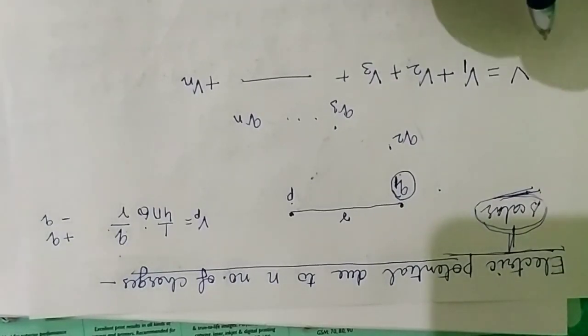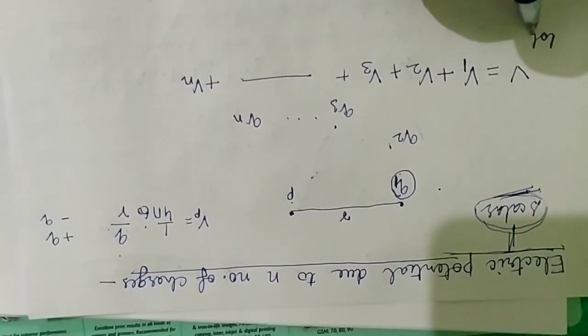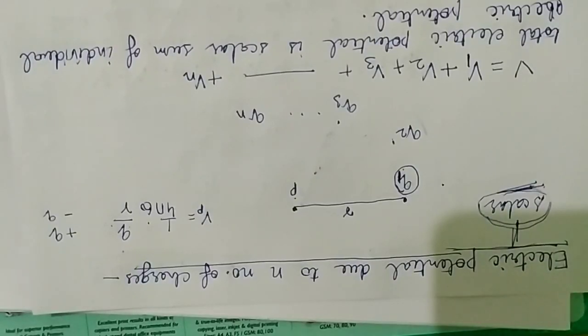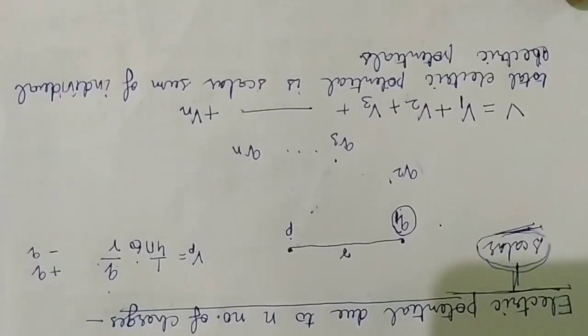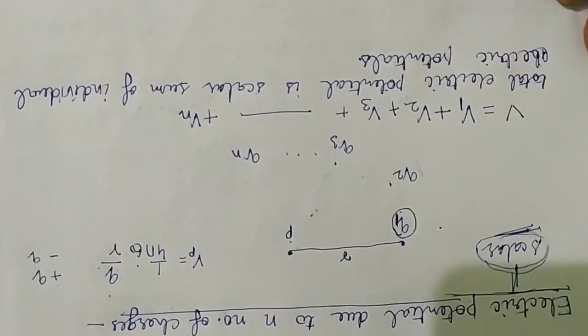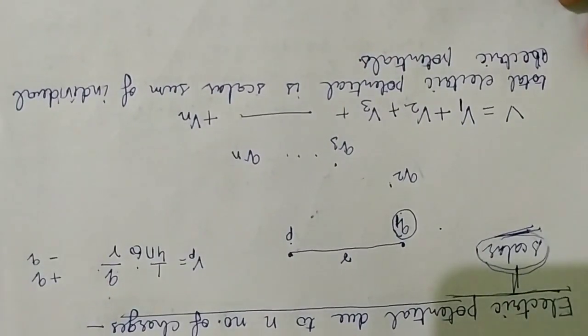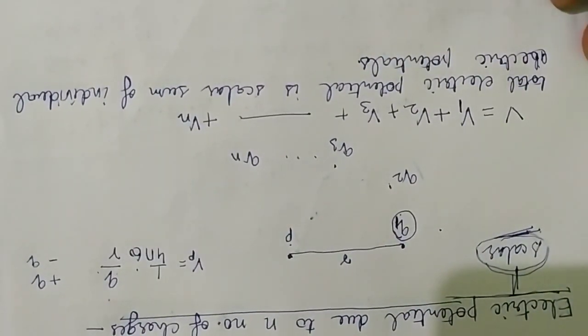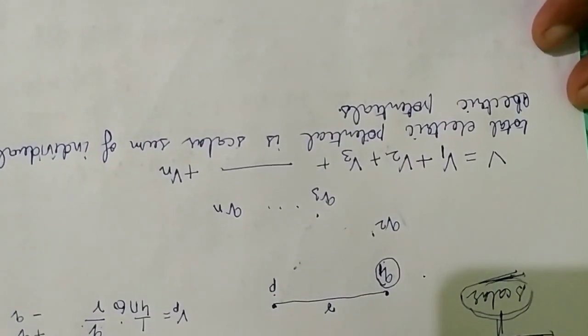So the total electric potential is the scalar sum of individual electric potentials. If you know the individual electric potentials, we can simply add them as scalars and find the total potential. So let us do this.